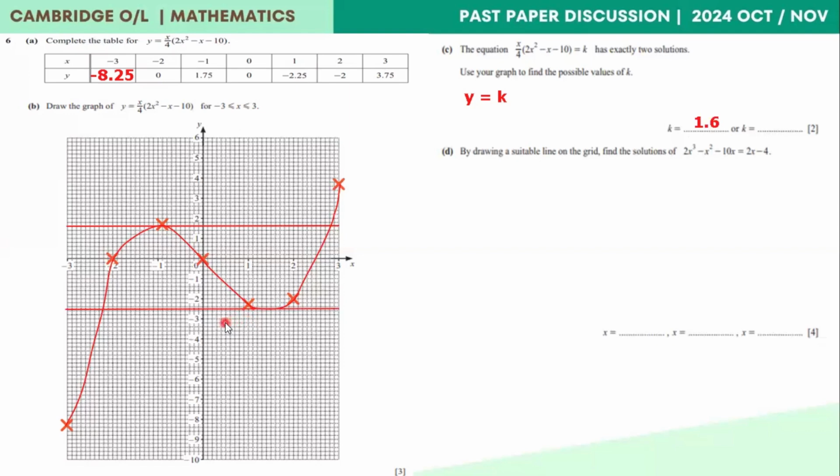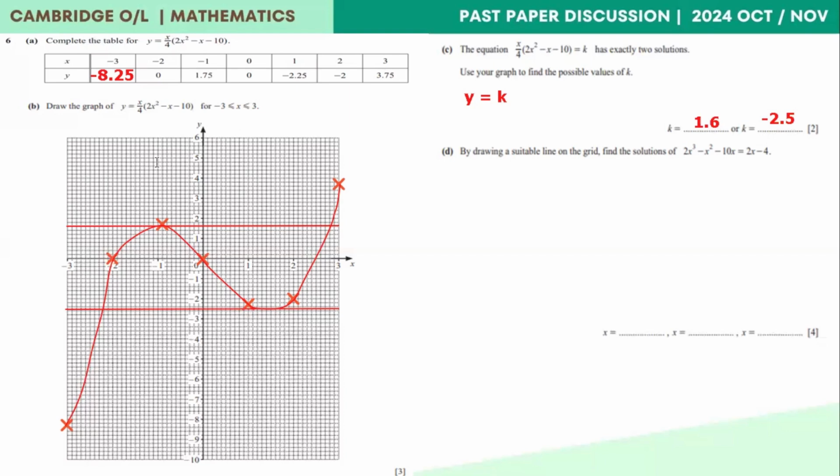So that is in between minus 2.4 and minus 2.6. So we can take that as y equal minus 2.5, because that's between minus 2.4 and minus 2.6.